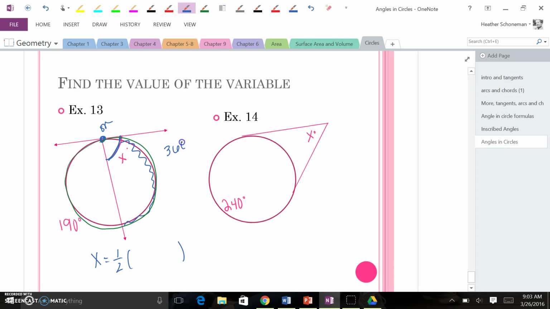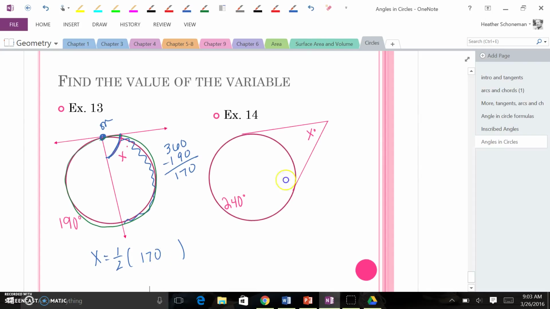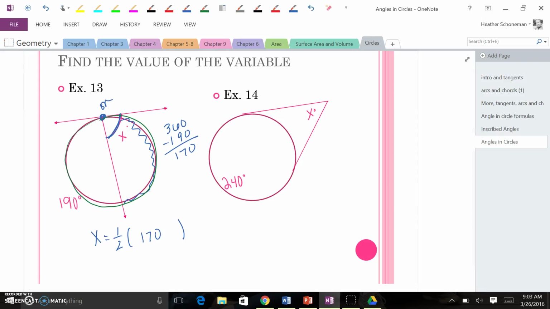So I'm going to do 360 minus 190. Obviously this picture isn't drawn to scale. 360 minus 190 gives us 170. Okay, so this is half of 170. Oops, we don't need to write that out. And half of 170, well, divide that by 2, get 85.